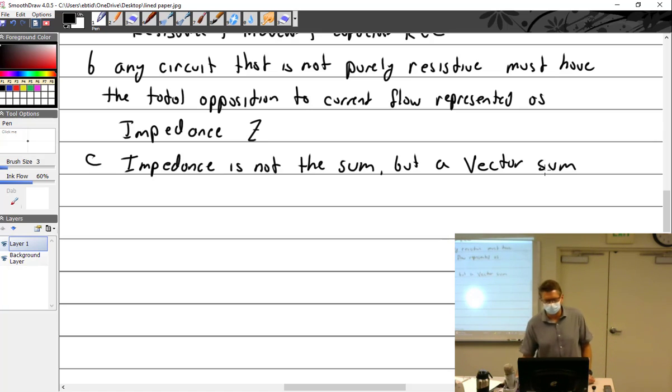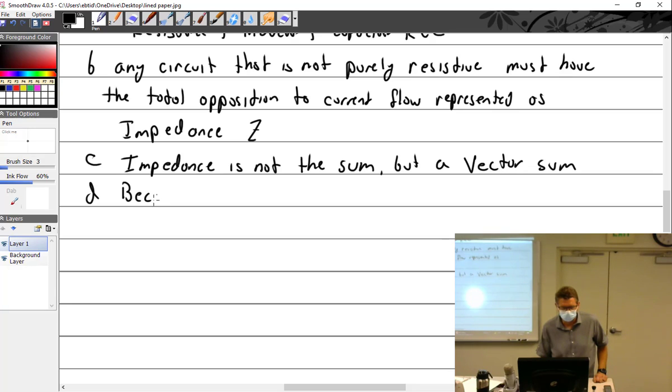Because we are committing. So it's not a sum, it's a vector sum. You got to vector it out. Now I'm getting down to all these important points.